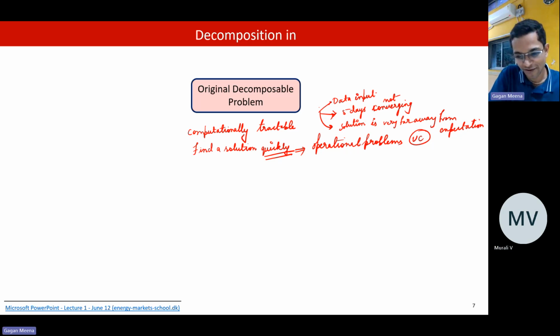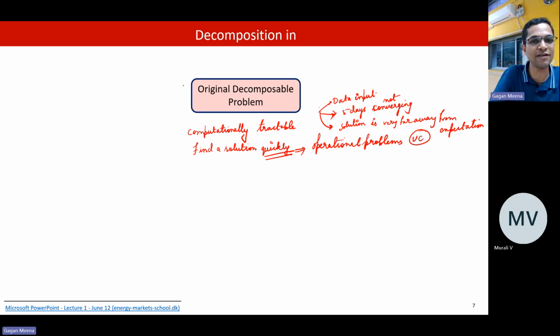If the solution takes 5 days, then for each run, each change in the input, it will take months. So it's always imperative to have less solution time, and for that purpose we are here. The motivation for using these different methods is to decompose the original problem so that we can solve it quickly.